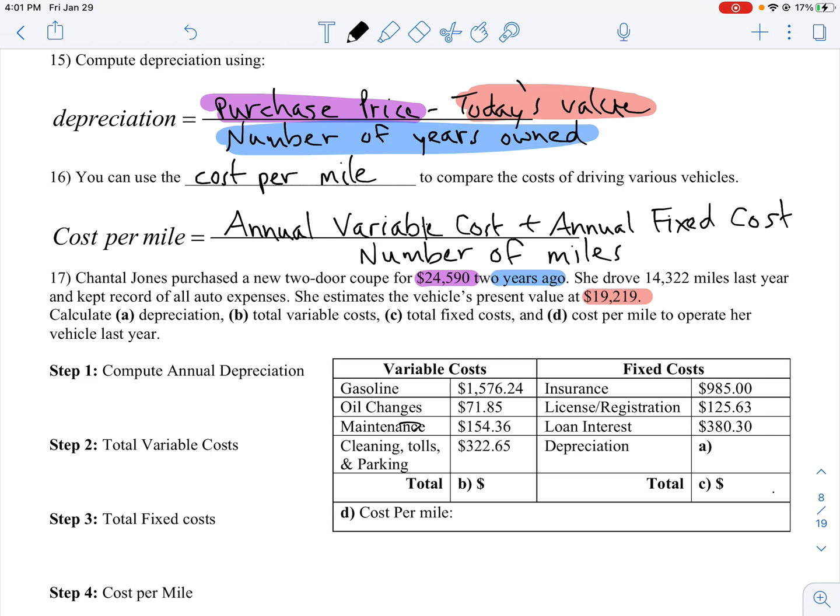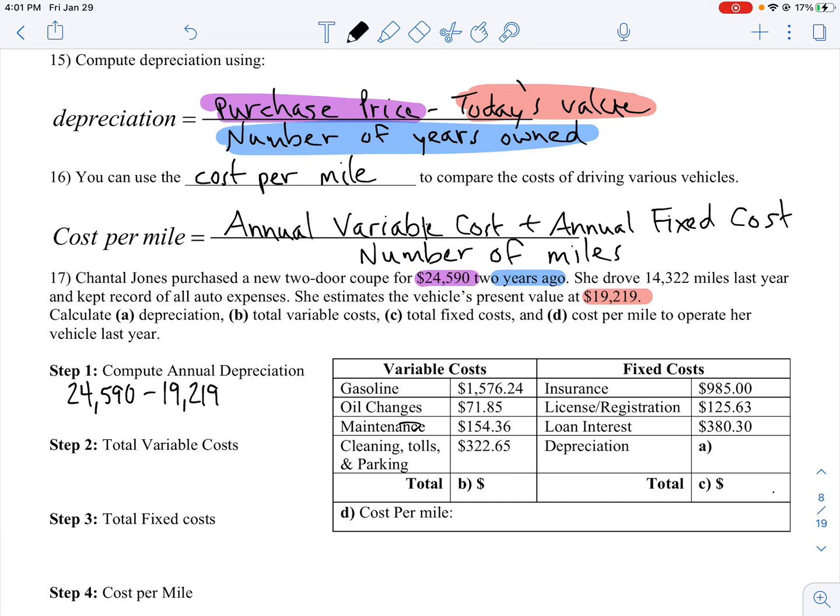So I'm going to go 24,590 minus 19,219. Whatever that equals, I'm then going to divide by 2, and that'll give me the depreciation.